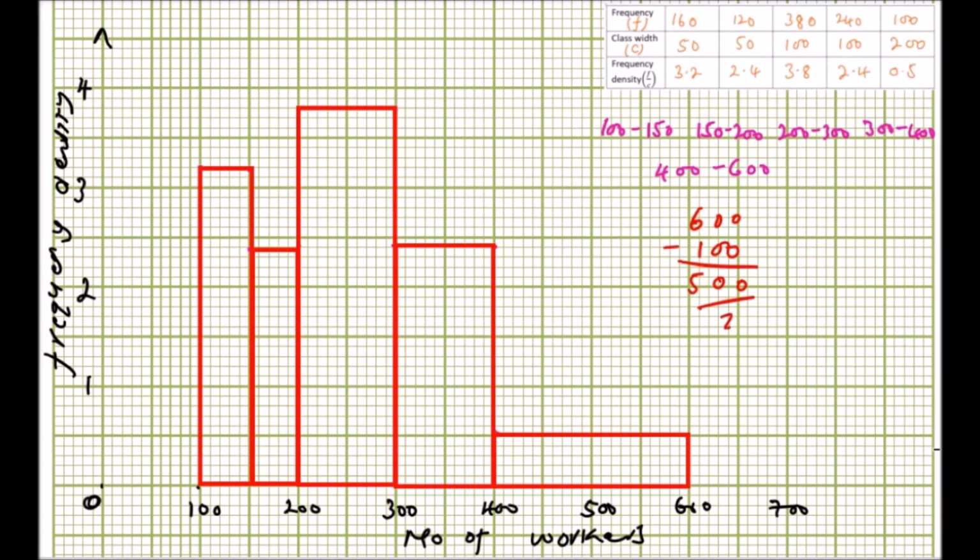We divide by 2, that is 250. So it means the median lies at 250 and 251. So we draw a line here showing the median. Let's put that. So the blue line shows the median.